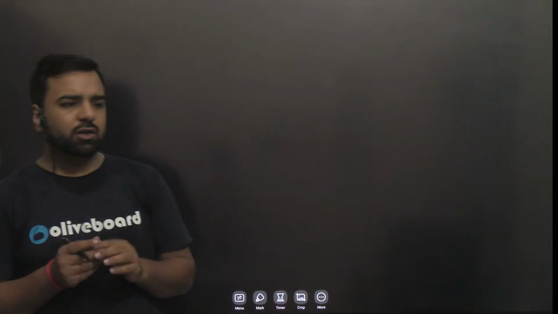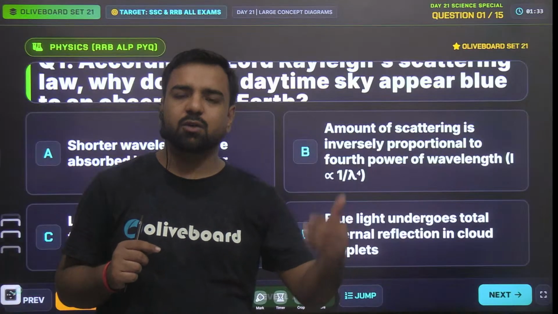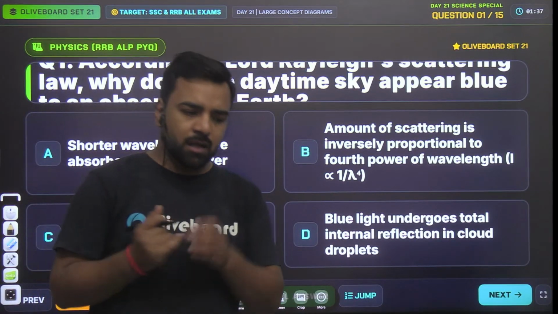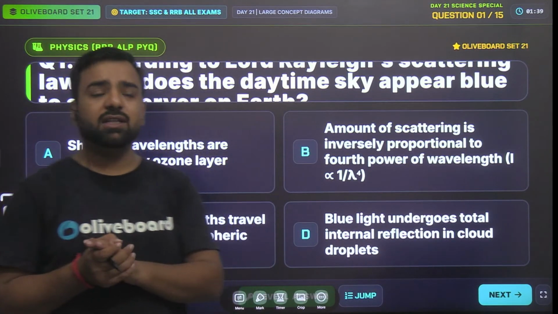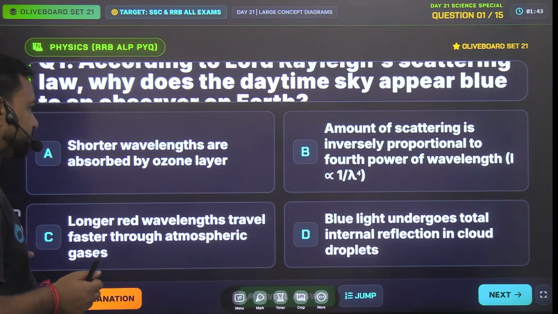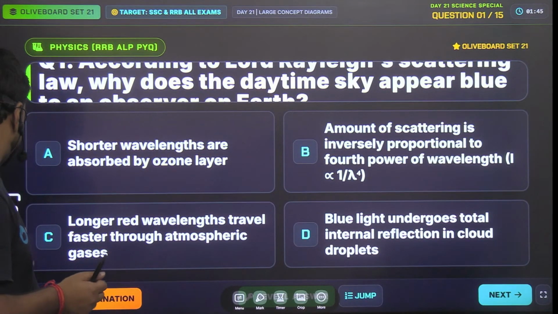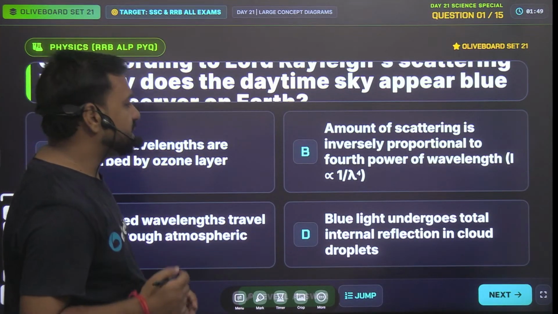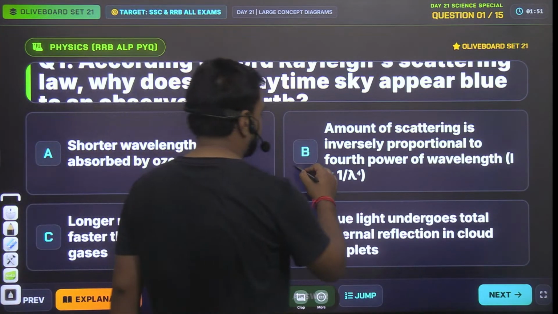Because as we know, there are total 7 different colors, right? So if I talk about VIBGYOR: violet, indigo, blue, green, yellow, orange, red. In the red color, we have the maximum wavelength, but the blue color is the one with the least wavelength, right? So now, in this case, we can actually say that the amount of scattering is inversely proportional to the fourth power of the wavelength, right?